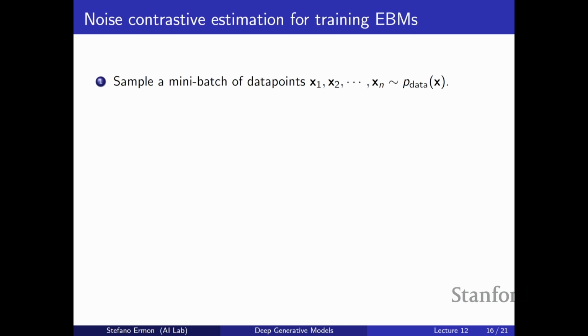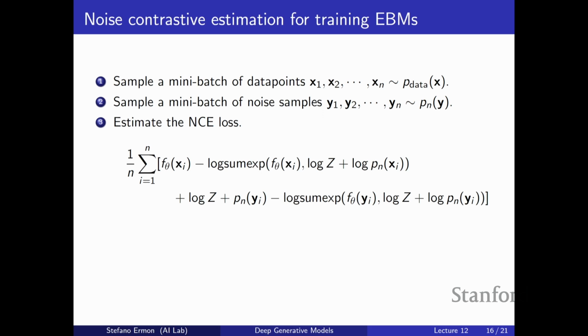Practically speaking, the implementation is very simple. You start with a batch of data points and a batch of noise samples. You have this classifier, which has a very specific functional form, and you evaluate the cross-entropy loss of that classifier on this mini-batch. Then you optimize it as a function of theta and z.